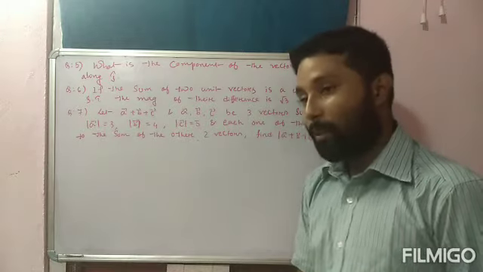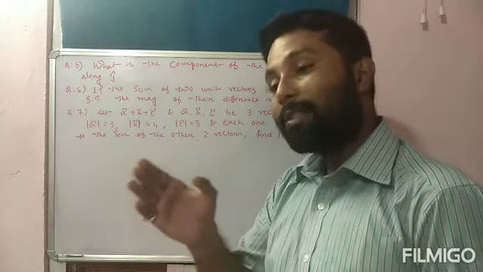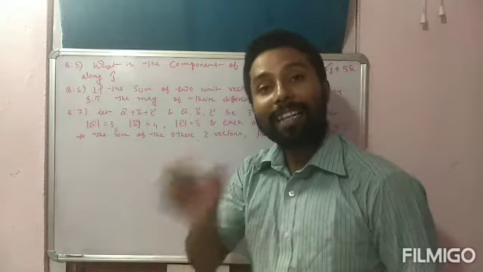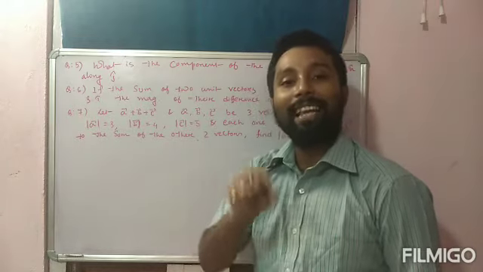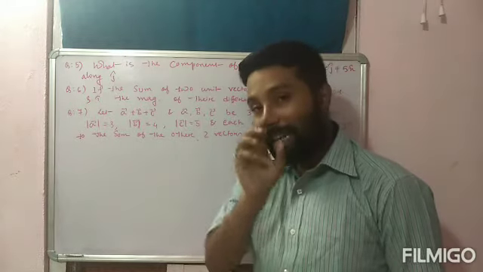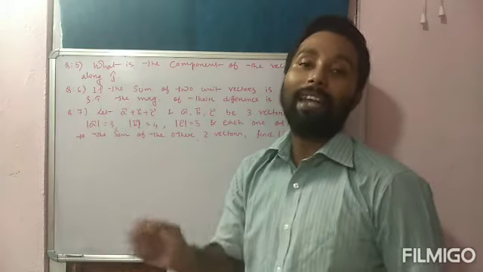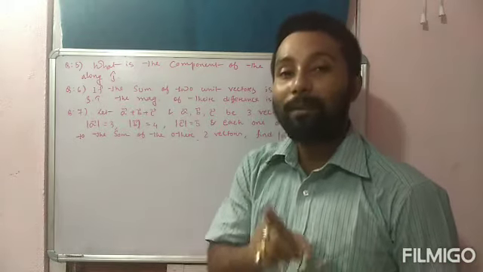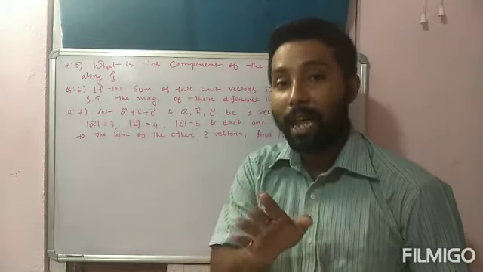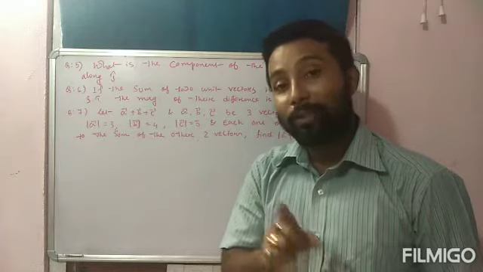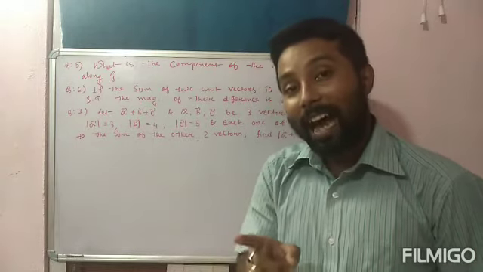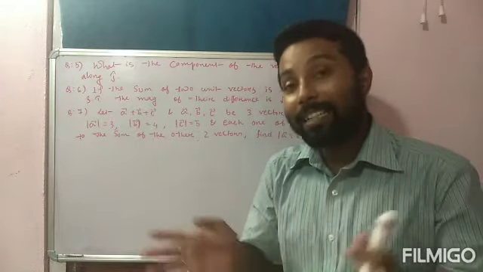In vector components you always have to include i cap, j cap and k cap in the terms. Whereas in scalar components you only write the coefficients of i cap, j cap and k cap, because scalar means only magnitude but no direction, whereas vector means magnitude as well as direction. That is why i cap, j cap, k cap indicate direction.